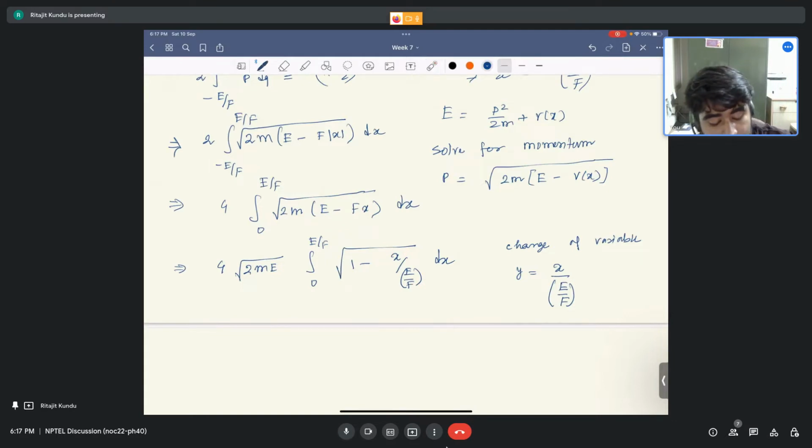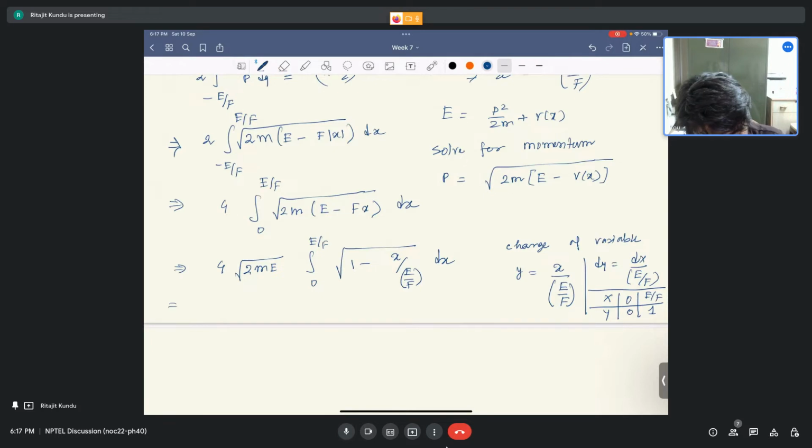But then I'll also have to change my limits and dx. So dy becomes dx by e by f, and also my limits, so x and y. So x had limits 0 and e by f, so now y will have limits from 0 to 1.